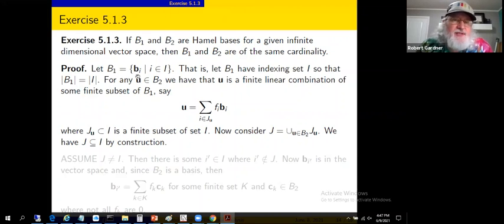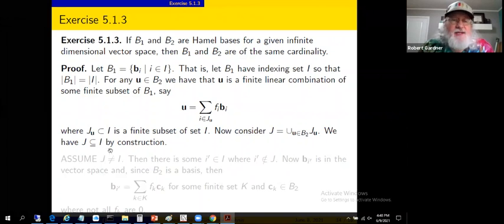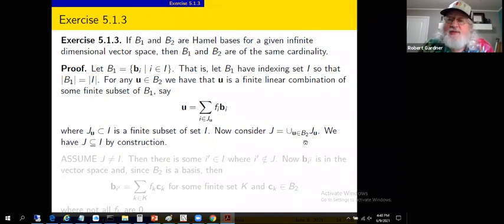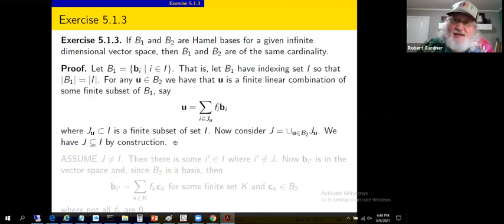So it tells you which of the b sub i's are required to write all of the elements of the second basis. Not surprisingly, it's going to take all of them, is what we'll ultimately show. Certainly we have J as a subset of I. Each of the J sub u's is a subset of I, so when you union up a bunch of them, you get something that's a subset of I. That's just the setting, the construction.